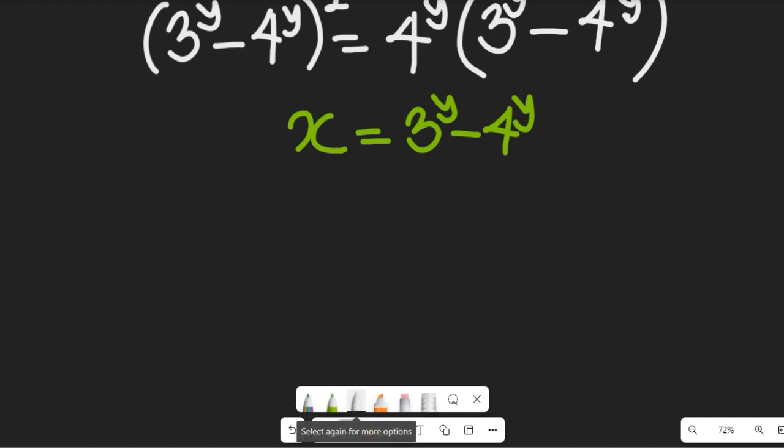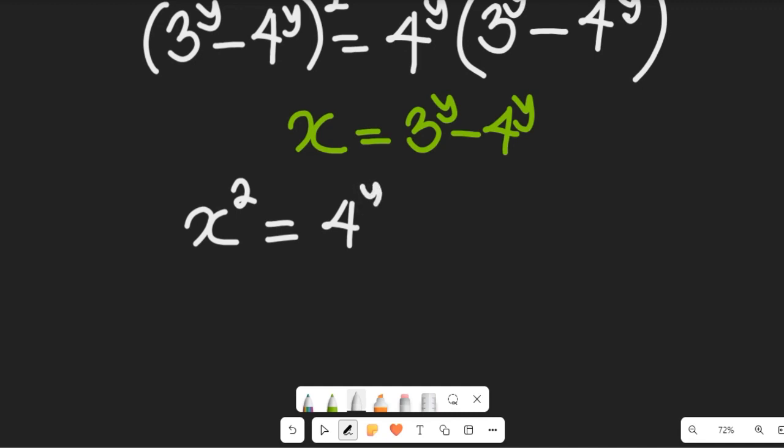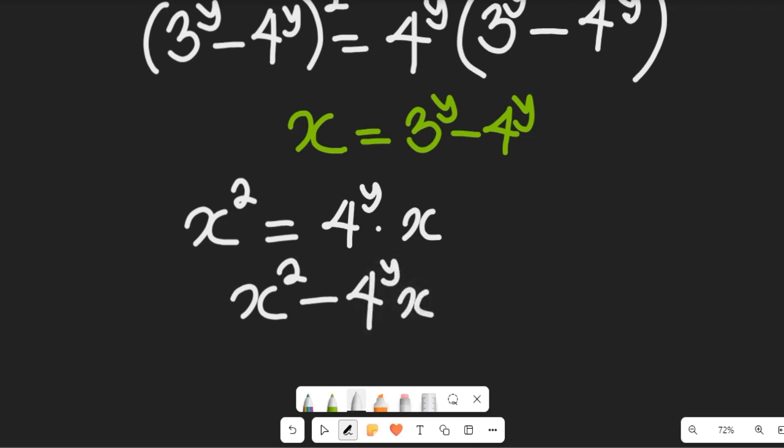So this left hand side will be x squared, equal to 4^y multiplied by x. So this is going to give me x squared minus 4 to the power of y times x, and this will be equal to 0.